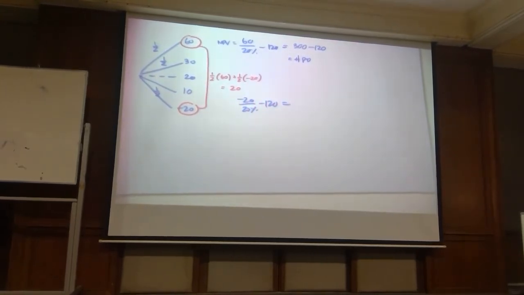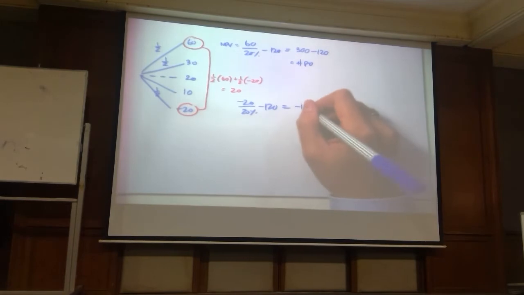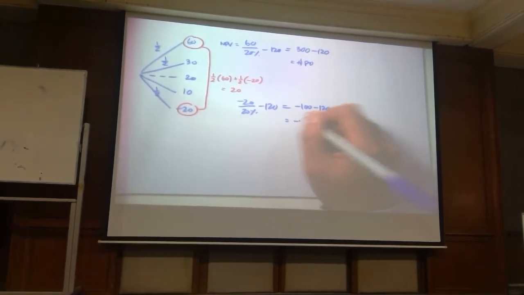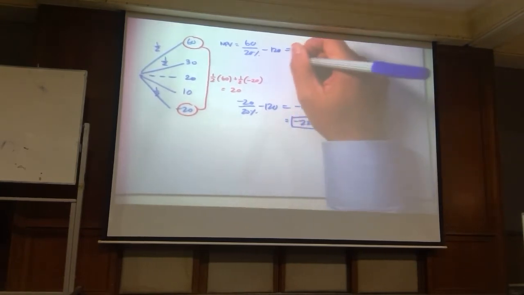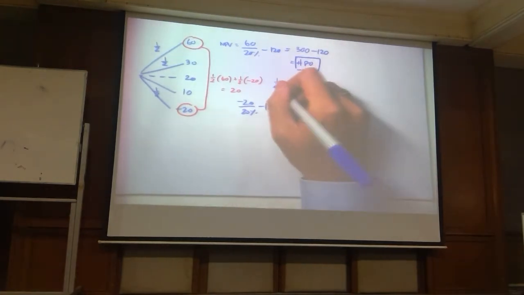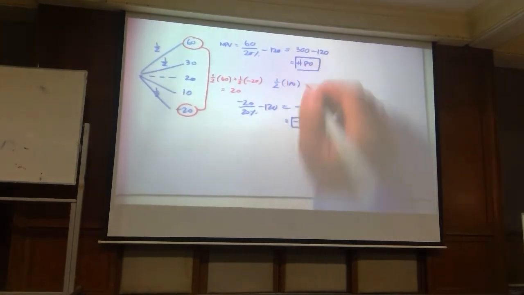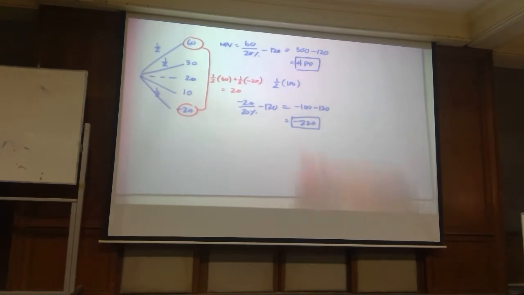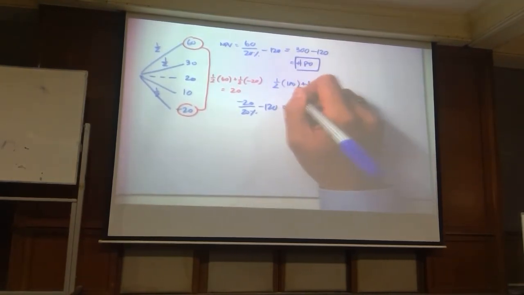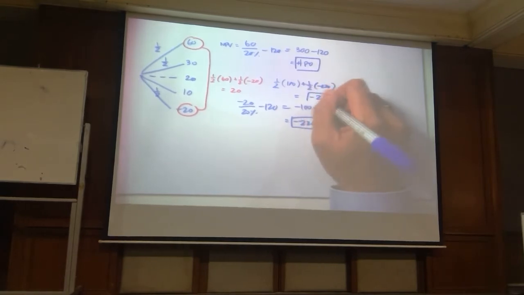So minus 20 divided by 20% is minus 100. And minus 120 gives you minus 220. Okay. One is plus, one is minus. You take the expected value: 50% times 180 plus the other 50% times minus 220. The outcome is still minus 20.